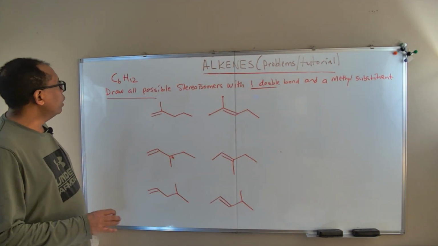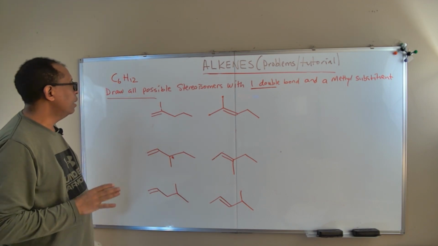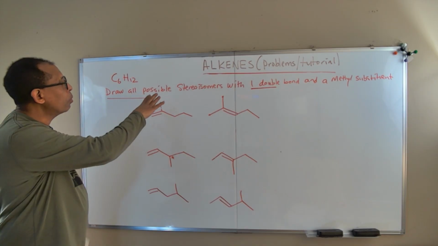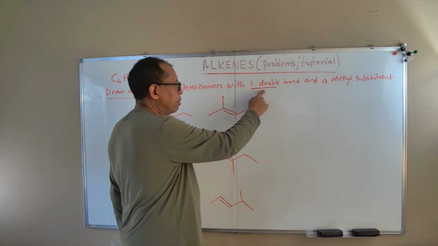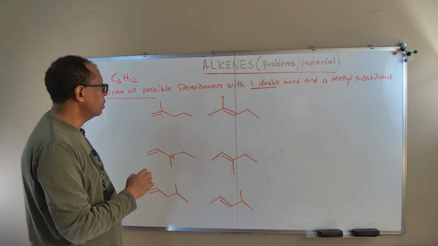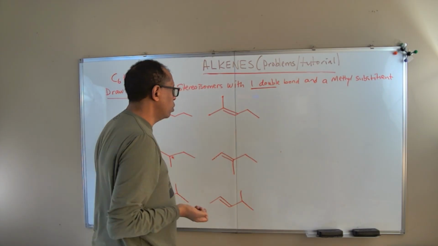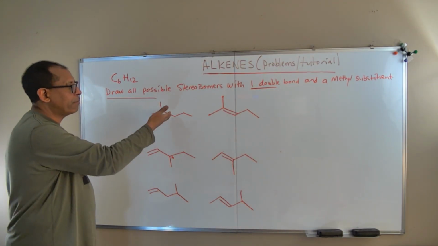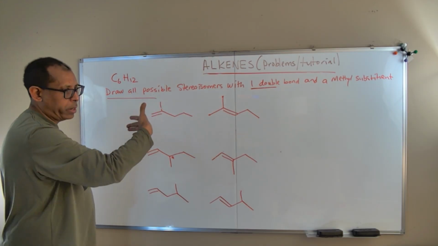Okay, moving on, we are given a C₆H₁₂ compound, and we are asked to draw all possible stereoisomers with 1 double bond, that means 1 degree of unsaturation, and a methyl substituent. 1 substituent. That means a 5 carbon chain, but methyl would be substituted anywhere.